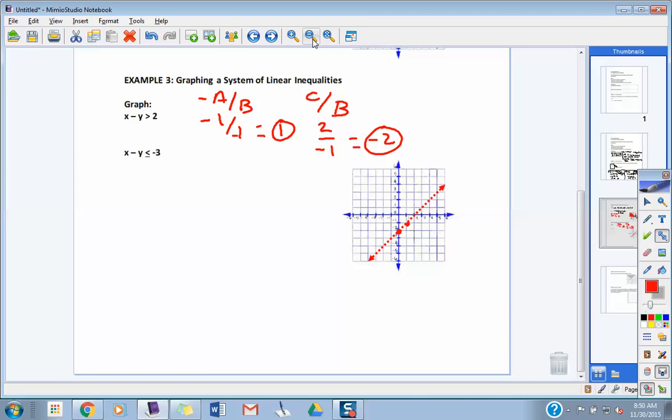My next one then. Help me out with this. What's the slope going to be again? So slope will be 1. And your y-intercept, how about your y-intercept? What will that be?